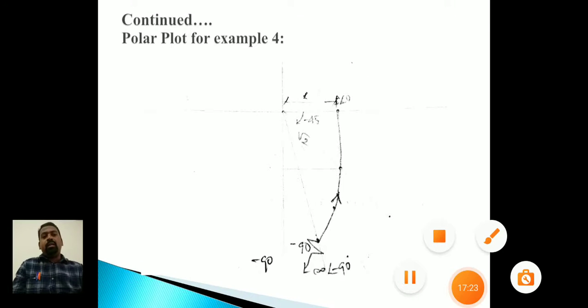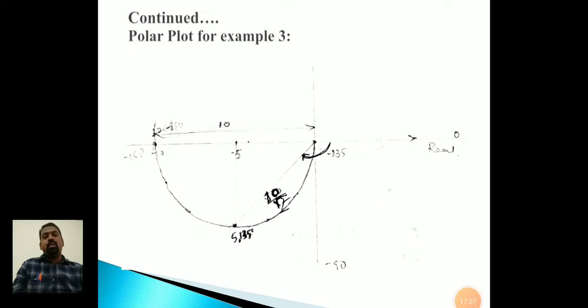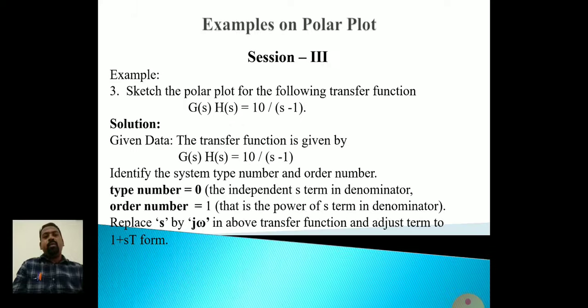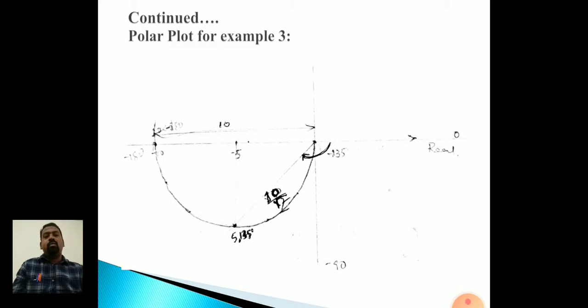Once again, let us review these two examples. In example 3, the transfer function G(s)H(s) is 10 divided by s minus 1. Here the type number is 0 and the order number is 1. We see the curve here, it is a semicircle.